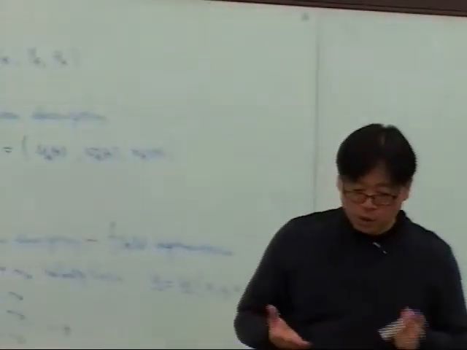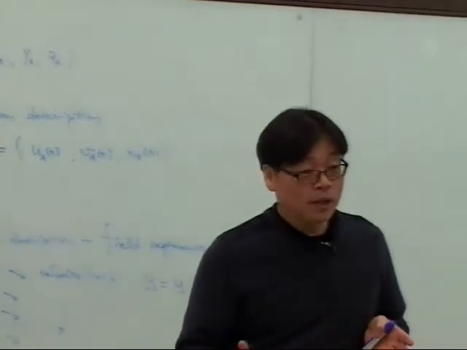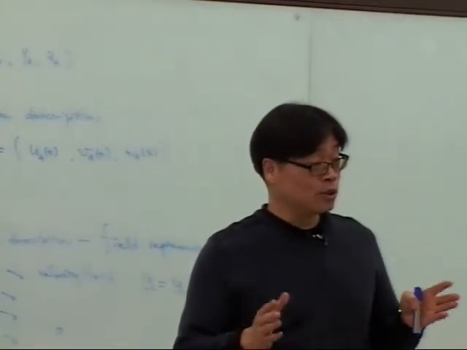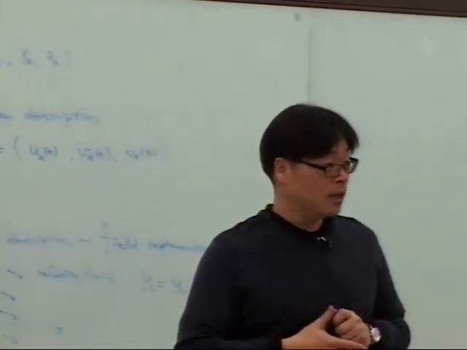The answer is you have to solve some mathematical equations to find the velocity field. And the question is what kind of mathematical equations you have to solve. So next, I'm going to show you how to derive the mathematical equations that you need to solve to find the velocity field.